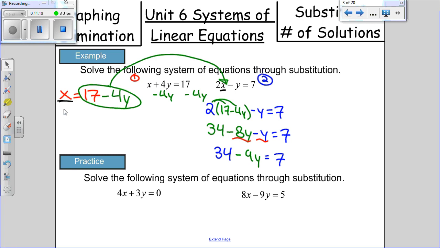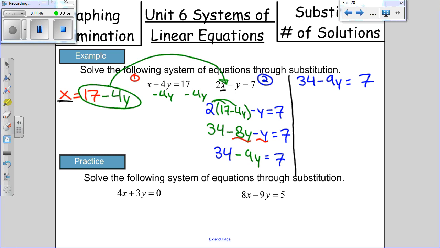I need to try to get that y by itself. I'm just going to rewrite it out over here so I can see it organized. If I want to get that y by itself, it means I need to move everything else to the other side. You always start with moving additions or subtractions. So the first thing I need to move to the other side of the equal sign is this 34.